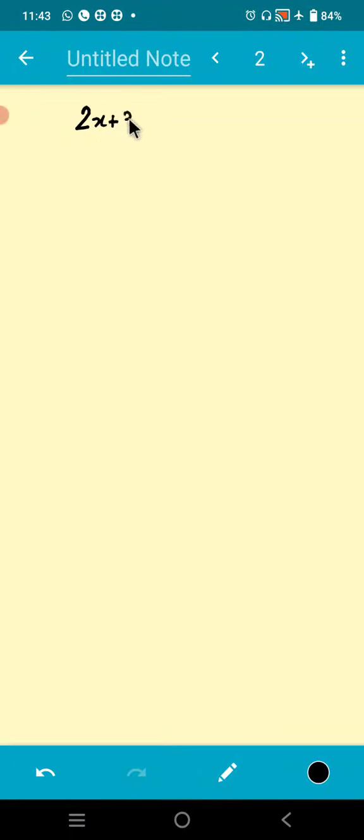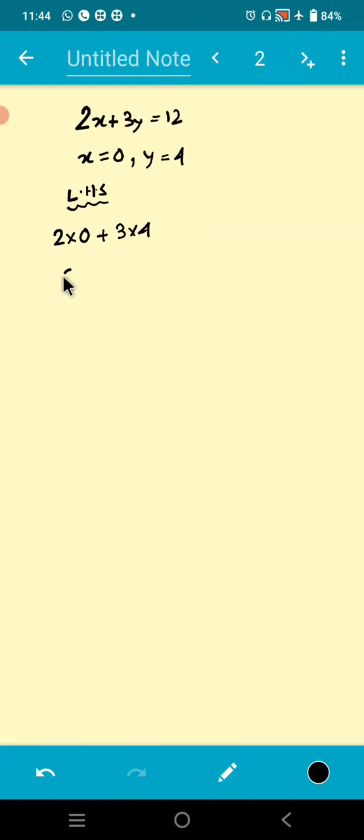What is the equation? 2x plus 3y is equal to 12, isn't it? Now suppose we keep the value of x as 0 and y as 4. Will these two values satisfy the equation again? Let us check. Again LHS, that means 2 into 0, because the value of x is 0, plus 3 into 4.